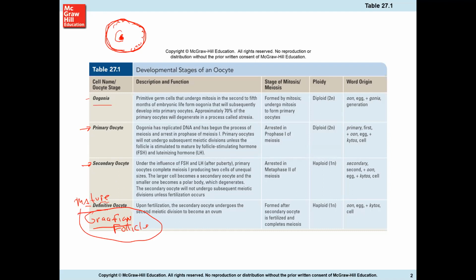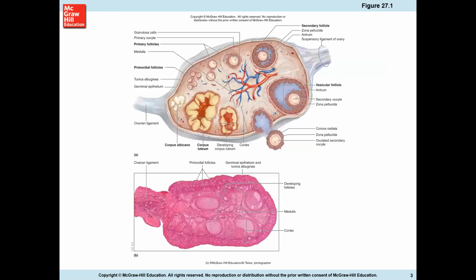So this table will probably help you more for a lecture than it will for lab. It's very good, actually. So here's the ovary, and this is the cartoon on top. It's showing follicles. So you have your primordial follicles, which contain oogonia. Oogonia are the immature cells. When you hear gonia at the end, that's immature. Stem cells, really.